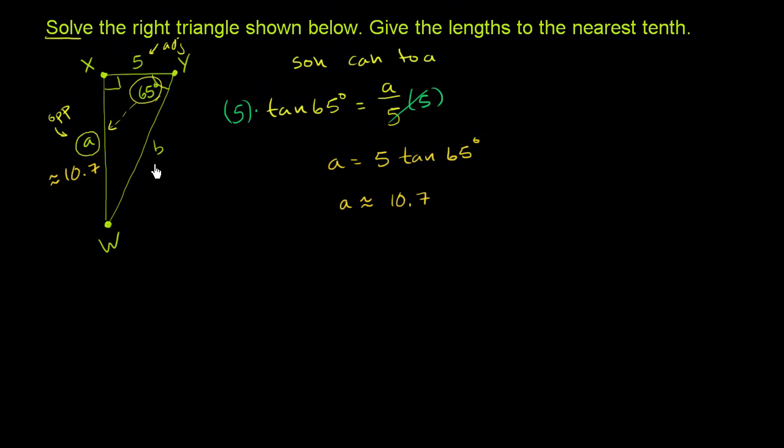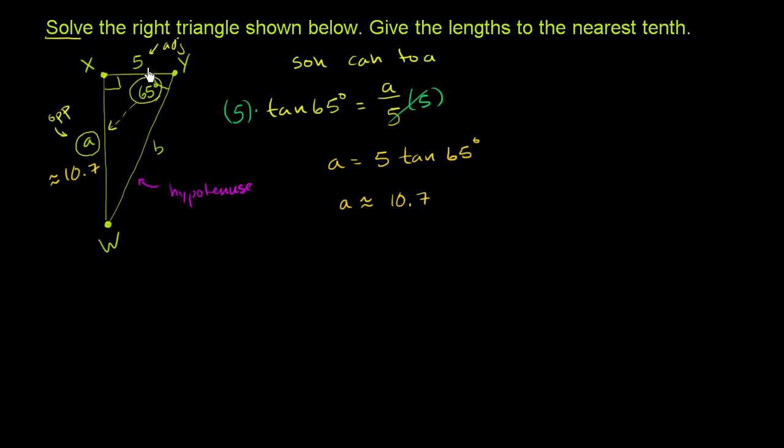I will go with using trigonometric ratios, since that's what we've been working on a good bit. So this length B is the length of the hypotenuse. So this side WY is the hypotenuse. We could use opposite and hypotenuse. We could use adjacent and hypotenuse. Since we know that XY is exactly 5, and we don't have to deal with this approximation, let's use that side.